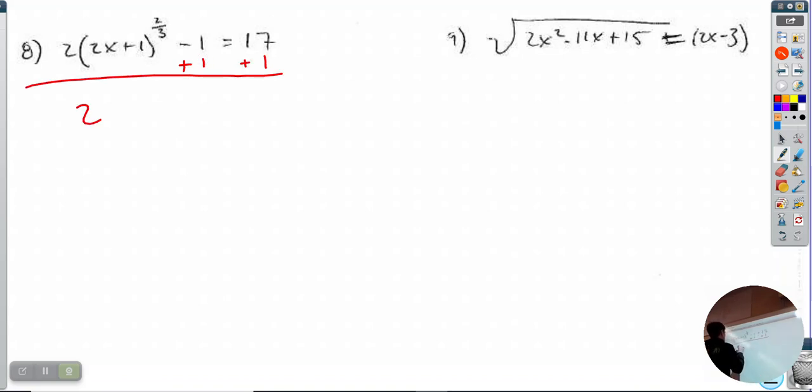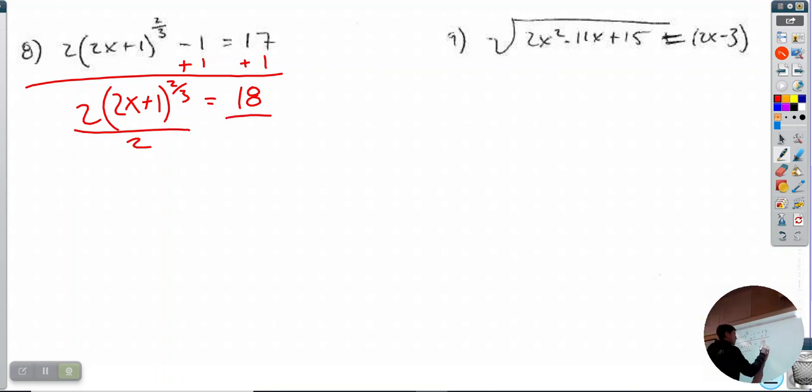So I get 2 times 2x plus 1 to the 2/3 is equal to 18. Alright, so divide by 2, divide by 2, and we get 2x plus 1 to the power of 2/3 is equal to, well, that's just 9.